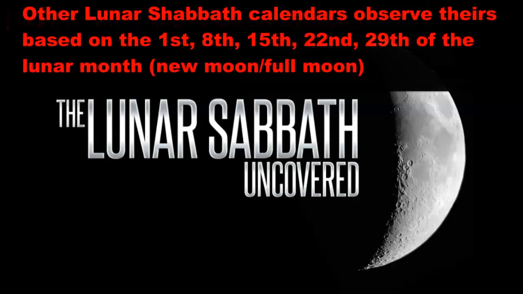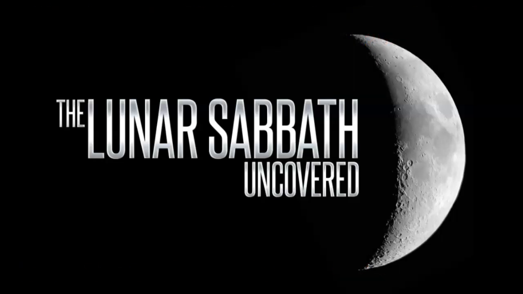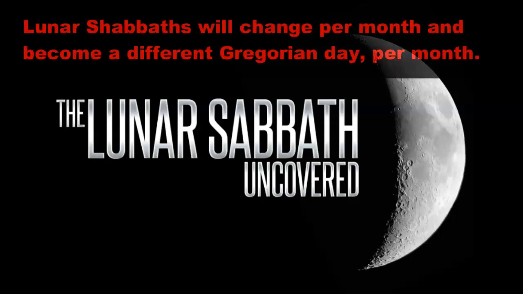However, some base it on the 1st, 8th, 15th, 22nd, or 29th of the month, so already there's a difference there. And based on this calendar specifically, according to the lunar Sabbath, the Sabbath is going to change when it comes to the Gregorian calendar every single month of the year.